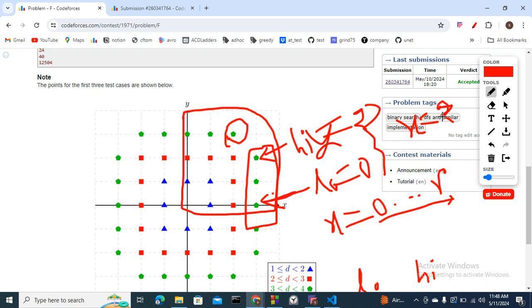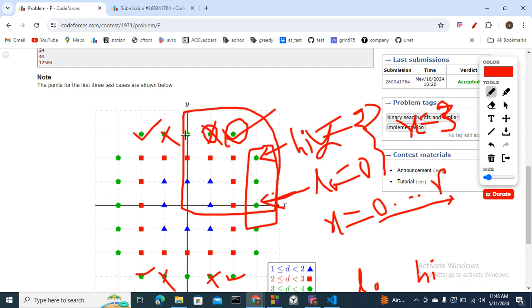This one is for x equals 3. We can see that this point is similar to this point, and similar to this point. Again this point is similar to this point.